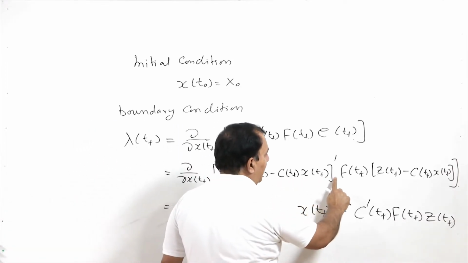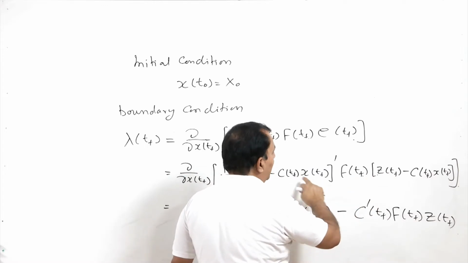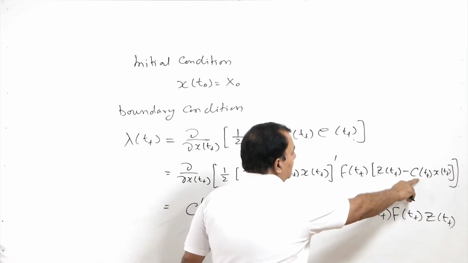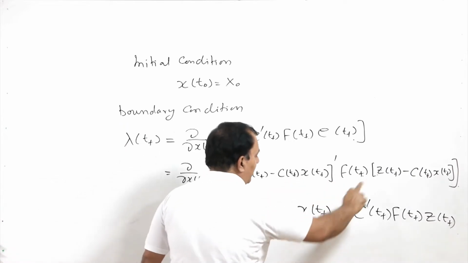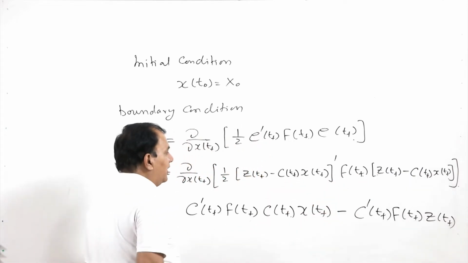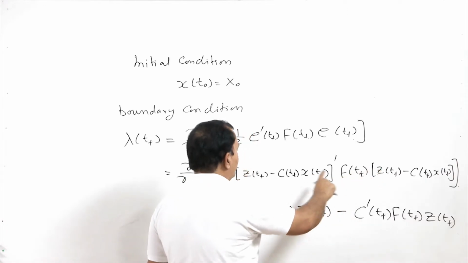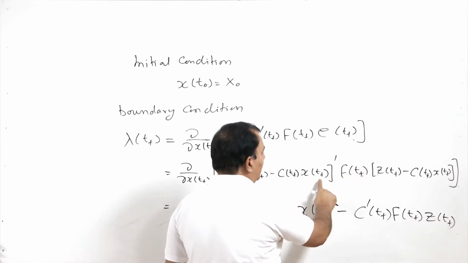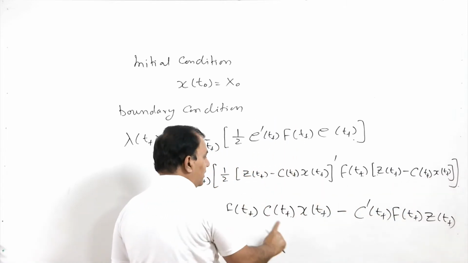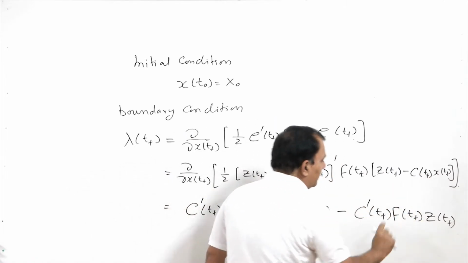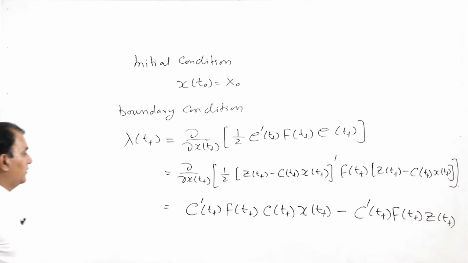C prime F C is the square term in x, this is giving me the x T f, and once I expand the term with C x with z of T f, I will get C prime T f, F of T f, z of T f.